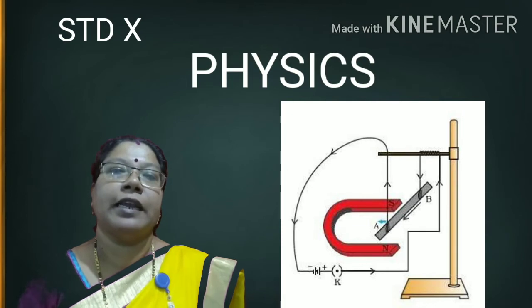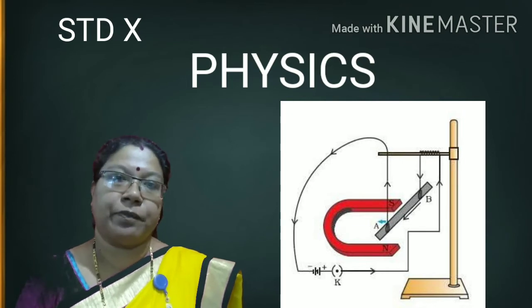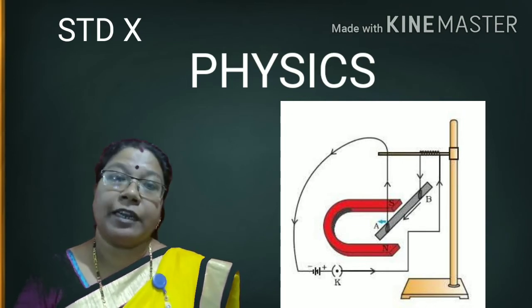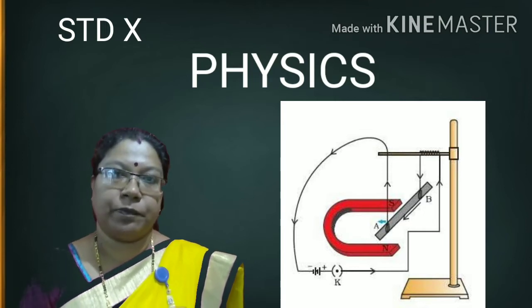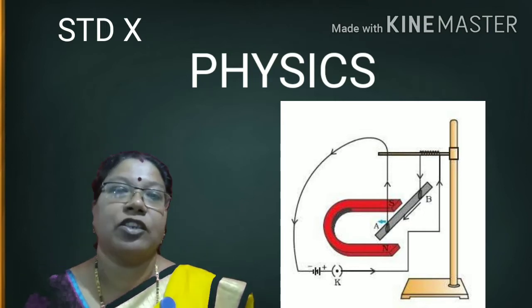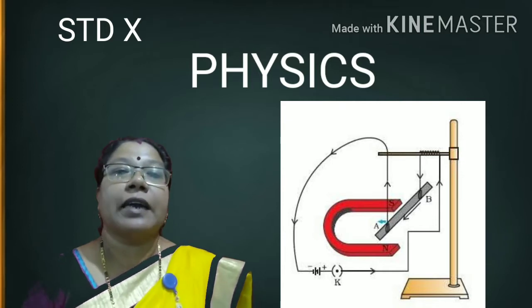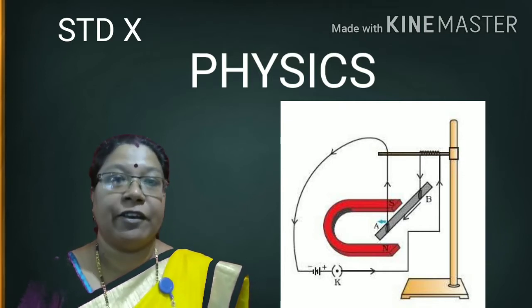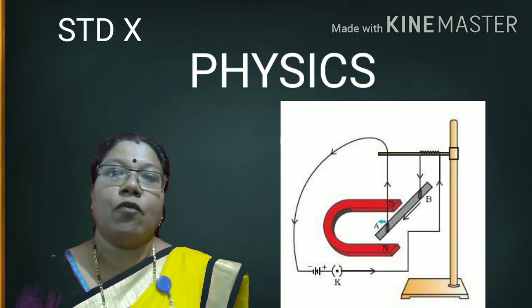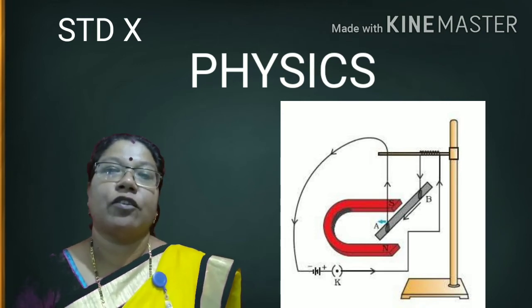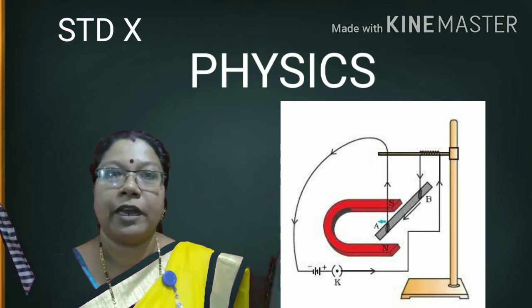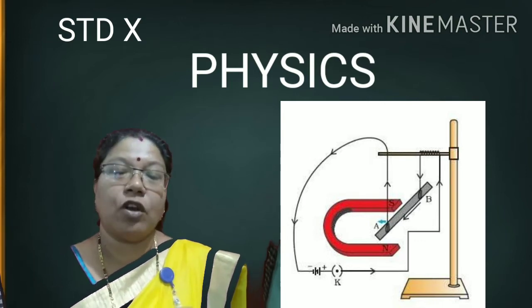So what happens when two magnetic fields come closer? There will be attraction or repulsion. Due to this interaction, the current carrying conductor deflects. Why does it deflect? For any deflection or movement, there should be a force.